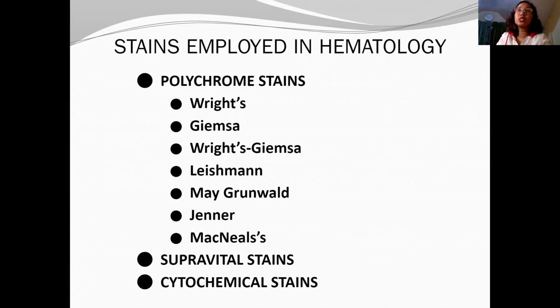Usually what we check is the eosinophil to see if the pH of your stain is still okay. If the granules have a reddish-orange color, your stain is still okay. If the granules of the eosinophil are no longer okay, replace your Wright stain already.